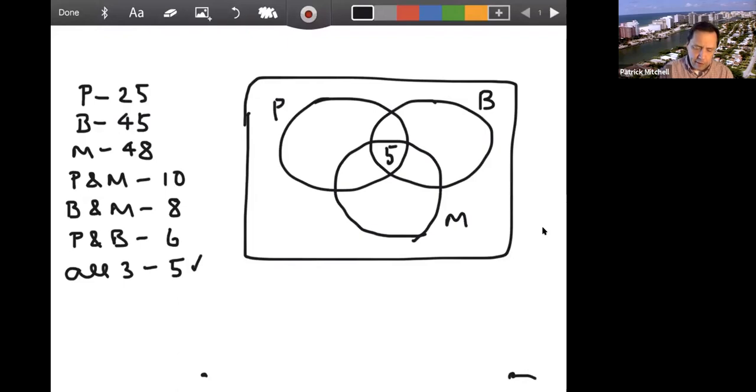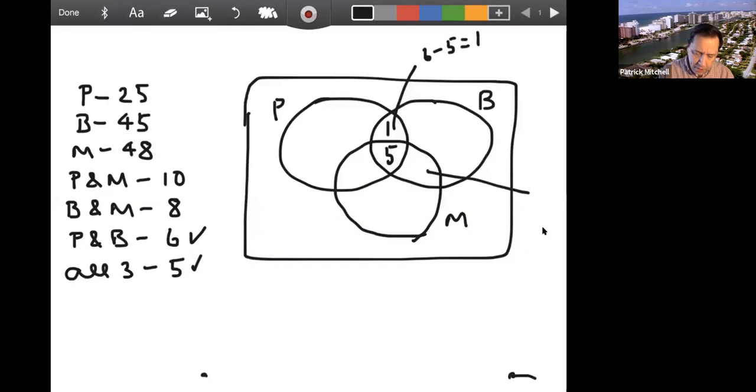There are 6 students who took physics and biology. That includes the 5 who also took mathematics. So the number that I'm going to put in this region right here is going to be 6 minus 5, which is 1.